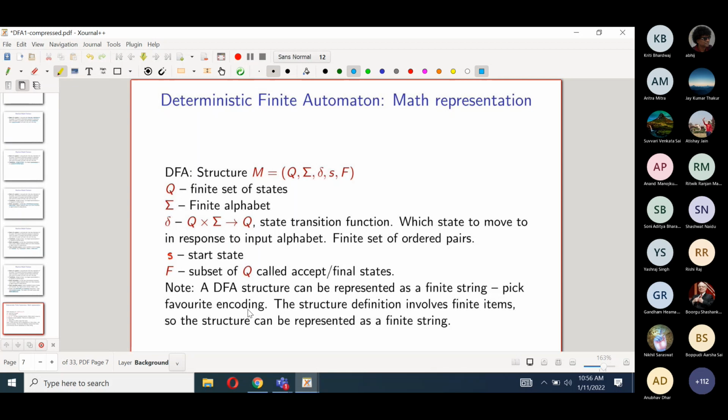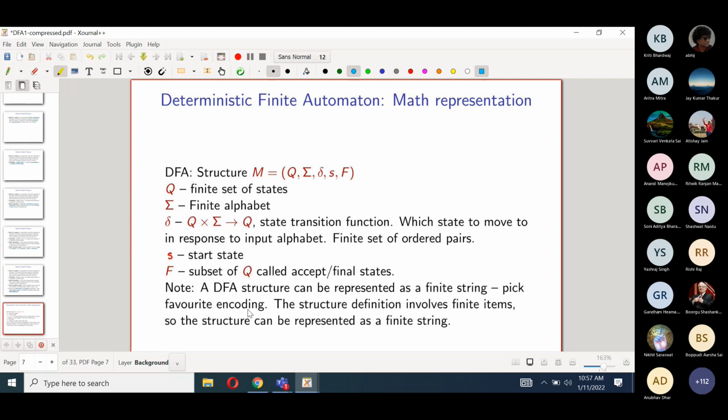Ma'am, are all states unique? Yes, you can think of all states to be unique. It is possible that a transition, suppose, so we said that transitions can happen automatically, instantaneously, because of maybe some description of the language or description of the problem, or it could happen because of an input alphabet.